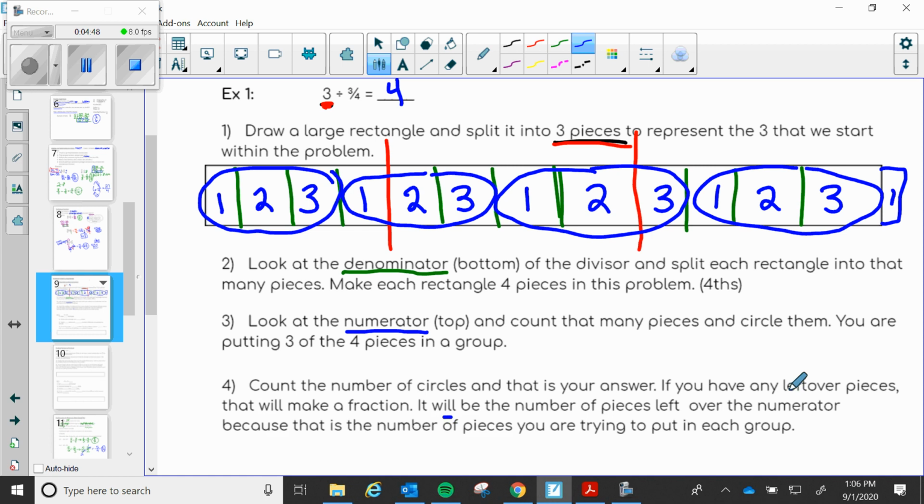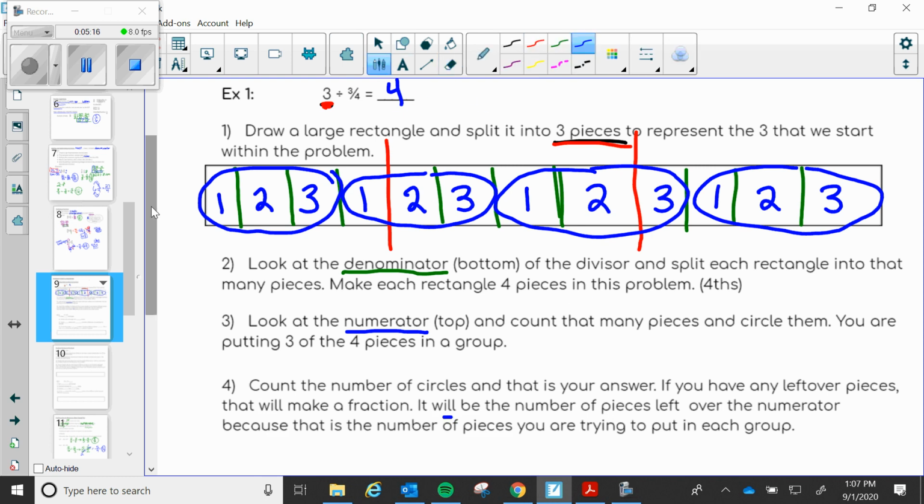So what I'm saying is, I'm not going to put this extra 1 over 4 because we're not putting them in groups of 4 anymore. We're putting them in groups of 3. So if I were to have this one little thing left over, my answer would actually be 4 1/3. But we don't have one little thing left over. We have an even 4.